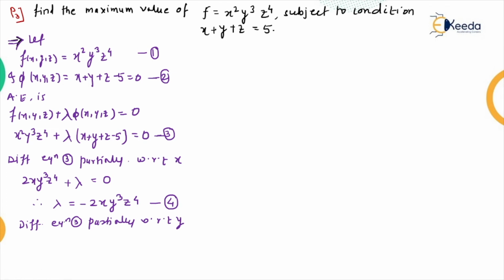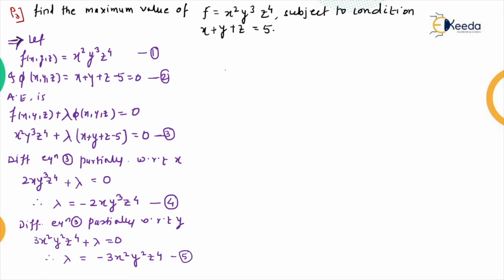We get 3x square y square z power 4, because only the derivative of y cube is taken, 3y square, while x and z are constant and stay as they are, plus lambda, equal to 0. Therefore lambda is equal to minus 3x square y square z raised to 4, and this is equation number 5.